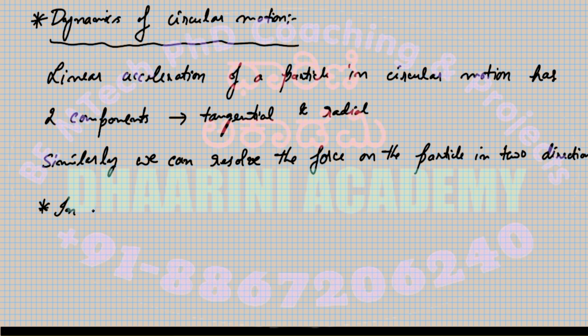In the tangential direction, what is the net force? We already have studied that. The net force is given by the mass of the particle, denoted by m, and the acceleration along the tangential direction, because F is equal to m into a. So that's how we write.